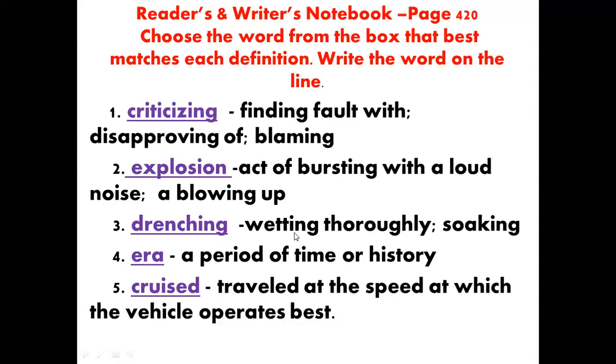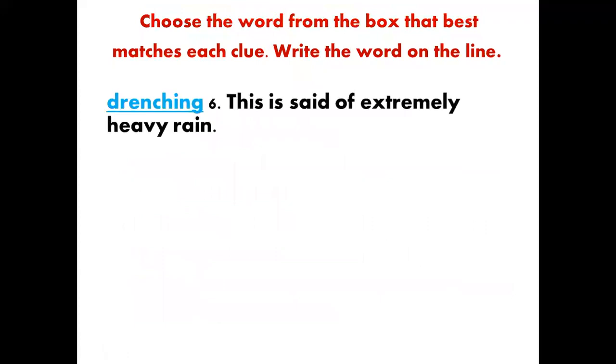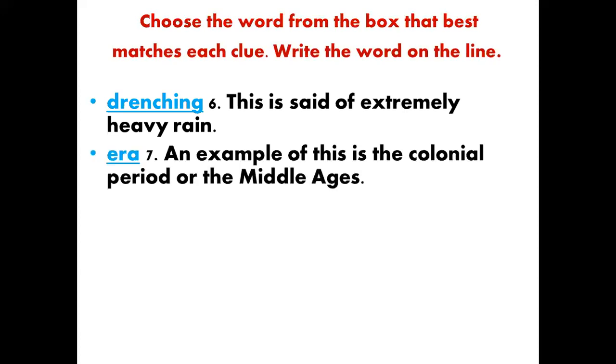So this is the first part of the exercise. We're still on page 420. In the second exercise, it says choose the word from the box that best matches each clue. Write the word on the line. The first one, number 6, this is said of extremely heavy rain. Drenching. For number 7, an example of this is the colonial period or the Middle Ages.